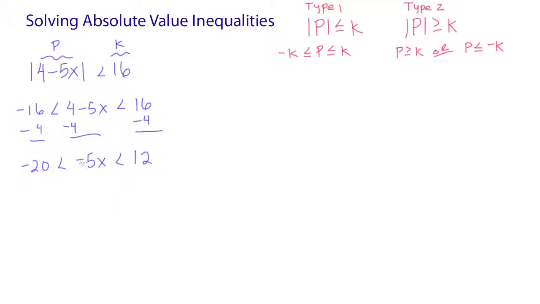Now we need to isolate x. We need to get rid of this negative 5. So to do that, we need to divide everything by negative 5. But remember, when you divide or multiply by a negative number, the inequalities change. So when we divide by negative 5, our inequality changes.